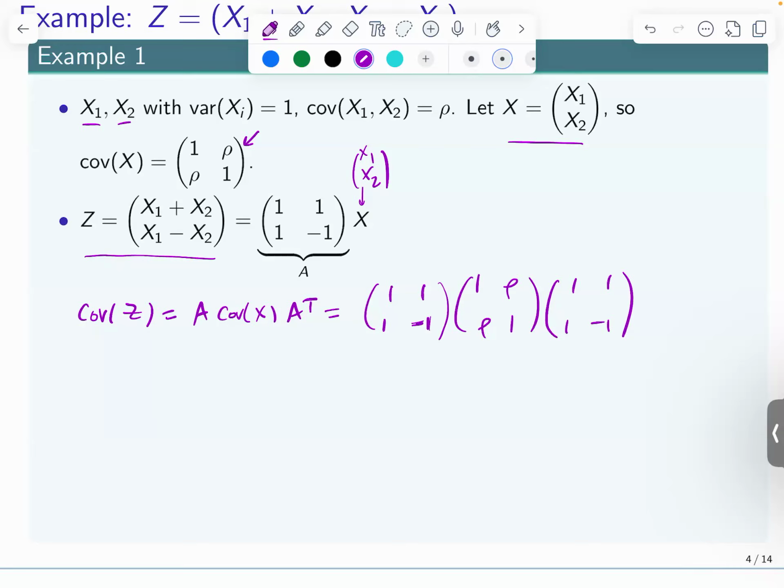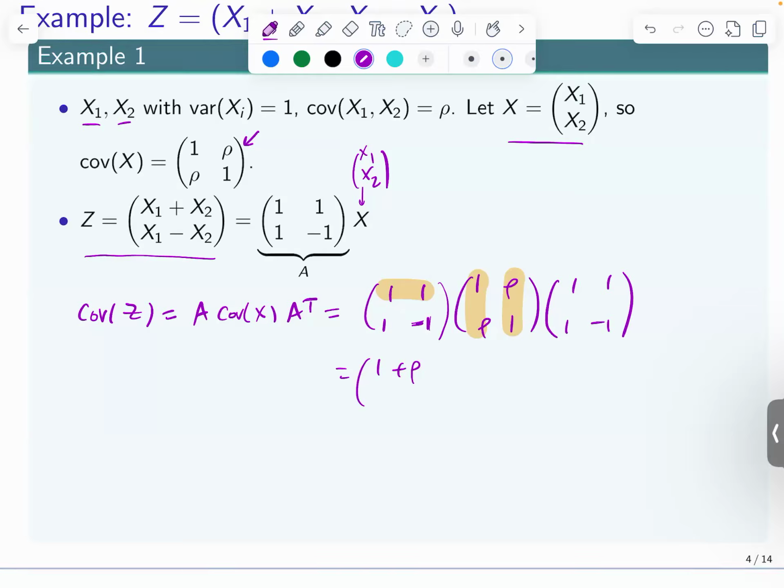Yeah, first start with the first A and the covariance. So I first do the products of the first row with column 1 and column 2. Column 1 would be 1 plus rho, and the other will be rho plus 1, but they're both the same.